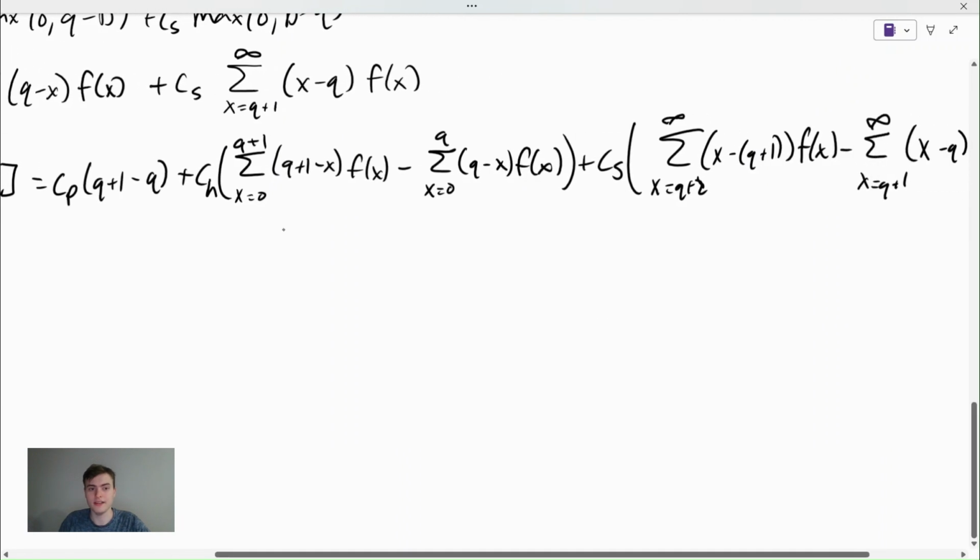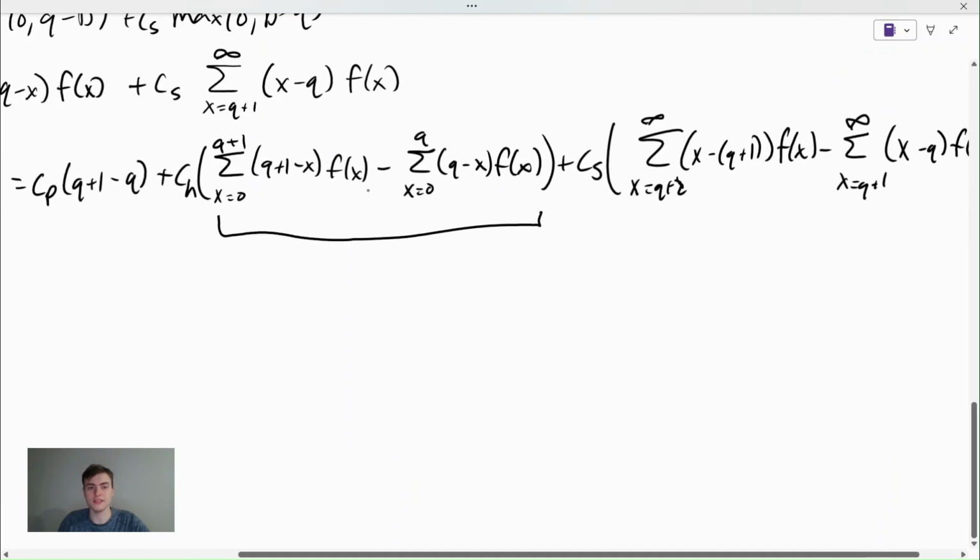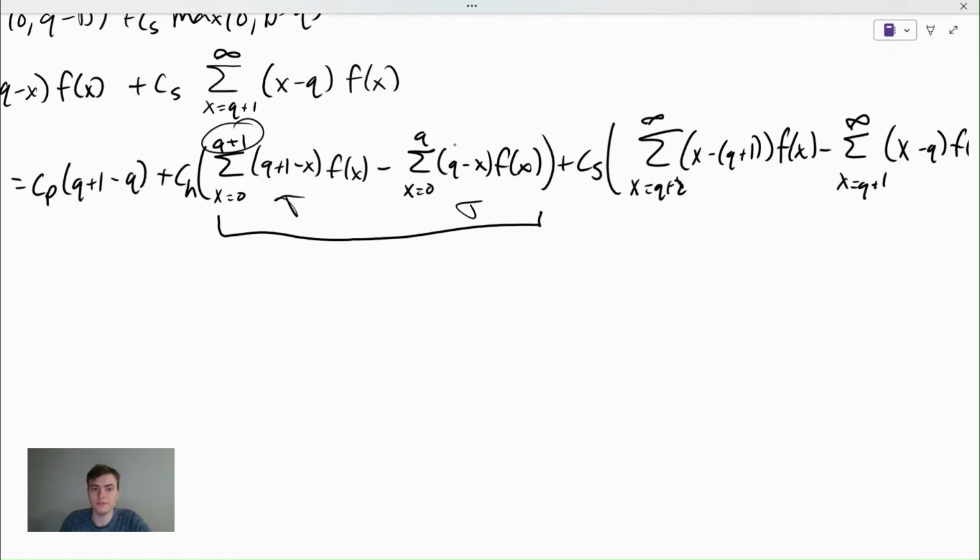And so then this whole thing, what does this come out to? Look, these are almost the same, right? The difference is we have a q plus 1 up top instead of a q up top, and we have the 1 here and no 1 here, right?